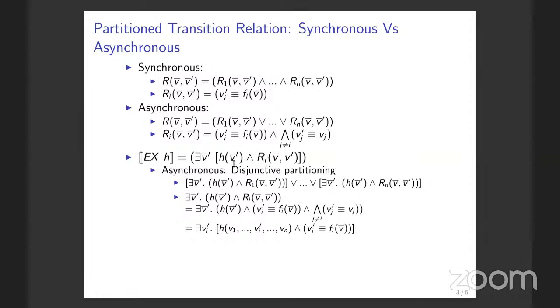Therefore I move H and then conjoin with each of them. And then I'm using the rule that existential distributes over OR. You can't do the same thing here, because existential quantification does not distribute over conjunction. Existentially quantifying over R, where R is a conjunction of smaller relations, is not equivalent to doing existential quantification over the individual R's, because the existential quantifier does not distribute over AND.